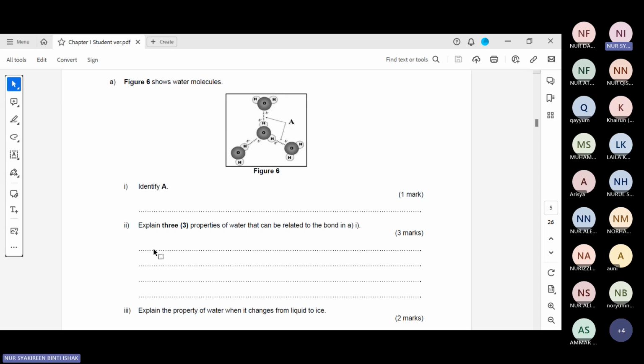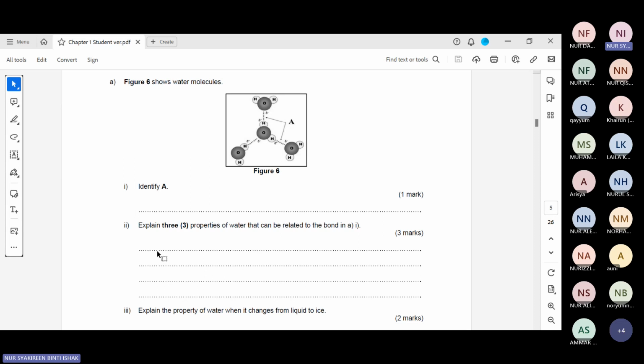The second property of water is that it has high surface tension, or adhesion, where water can stick to other substances that are also polar. It has high surface tension due to hydrogen bonding between water molecules and other molecules.